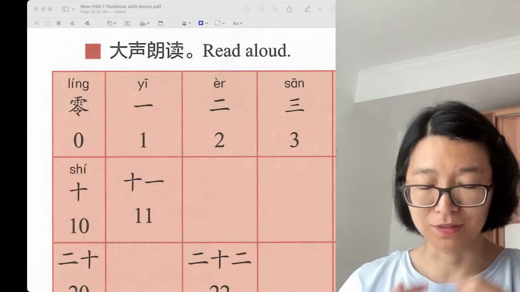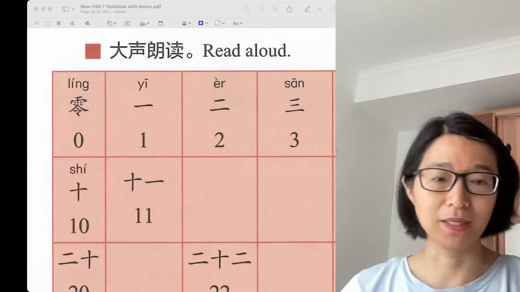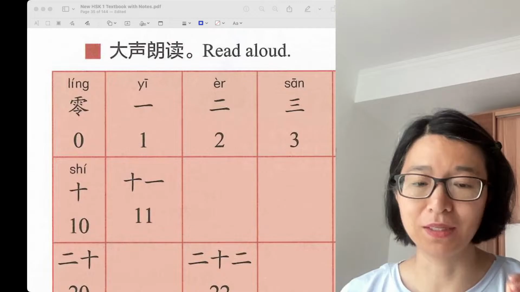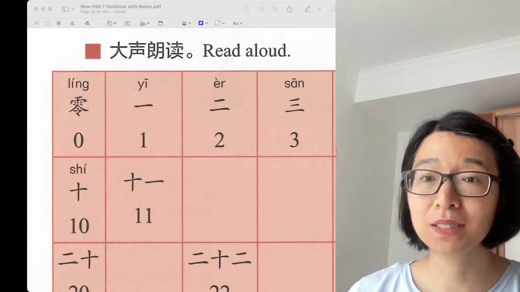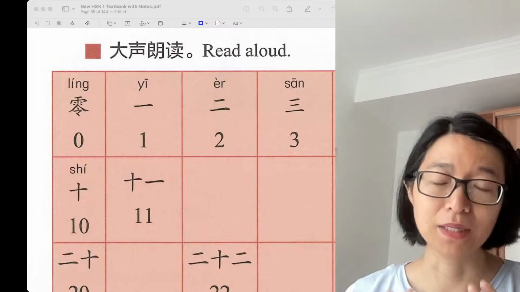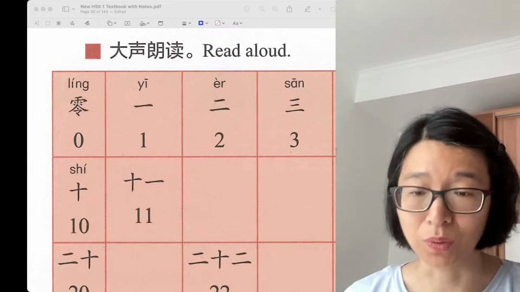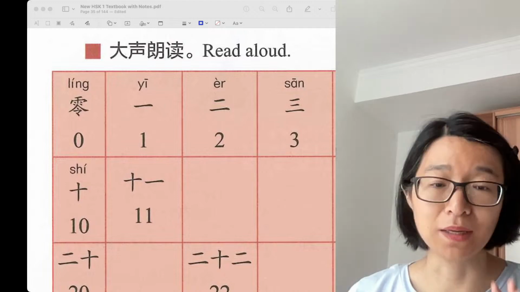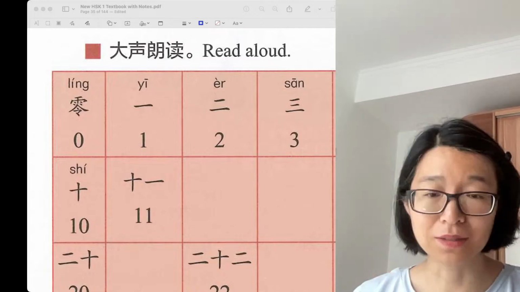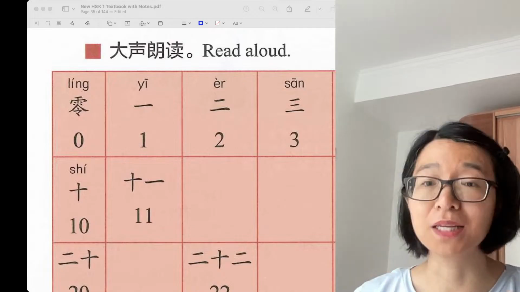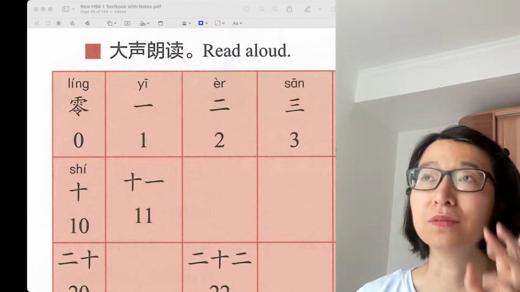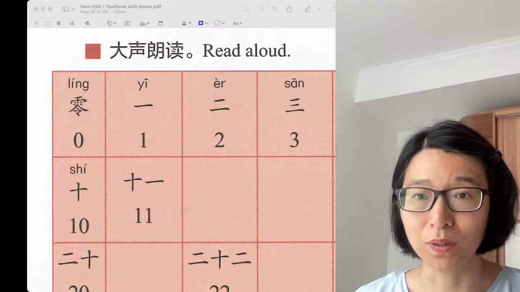Very good. Okay, now let's see 11. How to say it? In English, that is eleven. But in Chinese, 十一. Is that simple? Because 11 is 10 plus 1, so you just say 10 and 1. That is the logic to say 11. In Chinese it's very logical because 11 relates to 10 and 1.